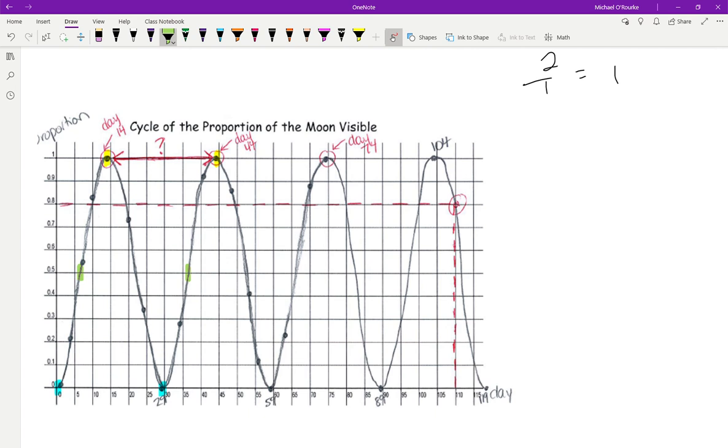Are we missing any other definitions here? We can look at our axis of the curve. Where does our axis of the curve happen? We add our max and min and divide by 2. Where's our axis of the curve for this one?